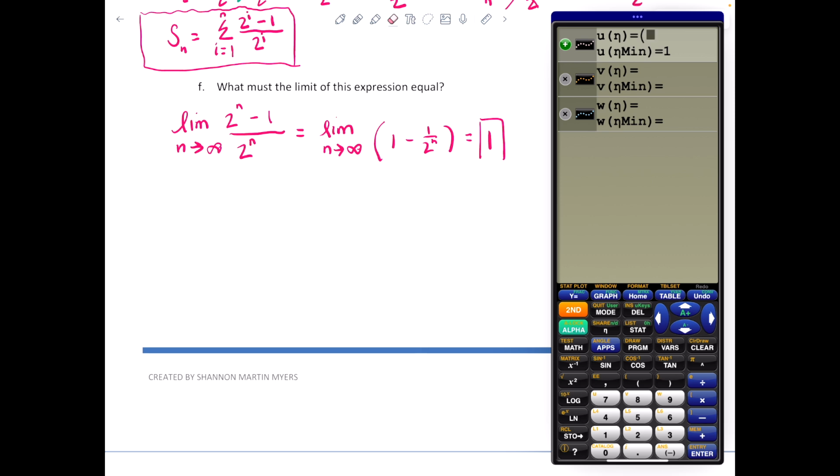So we've got parentheses 2 raised to the... Now this thing that looks like an n here is called eta in Greek. And then this is minus 1, into parentheses, divided by 2 raised to eta.